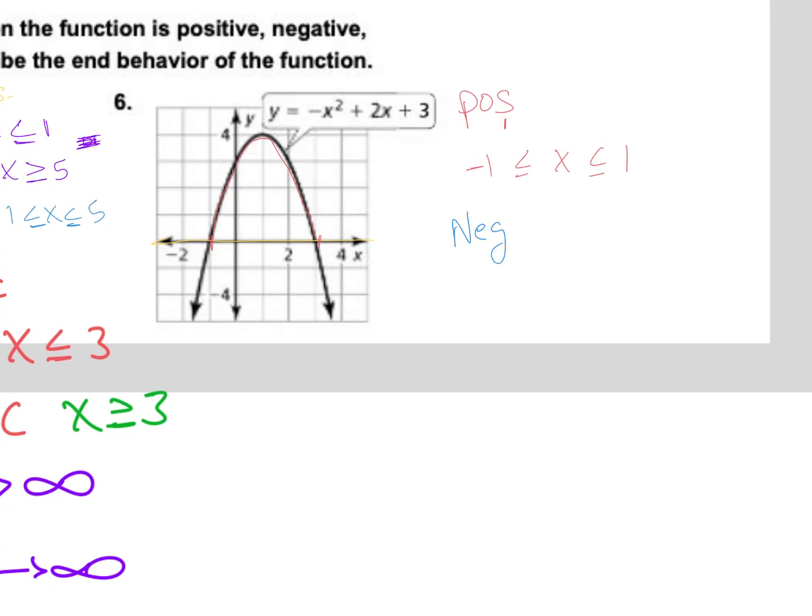And it's negative down here. So let's see, that's x is less than -1, or x is greater than or equal to 1 right here.